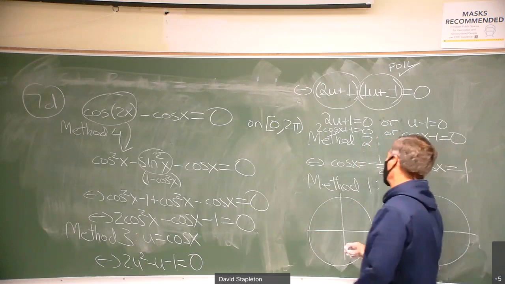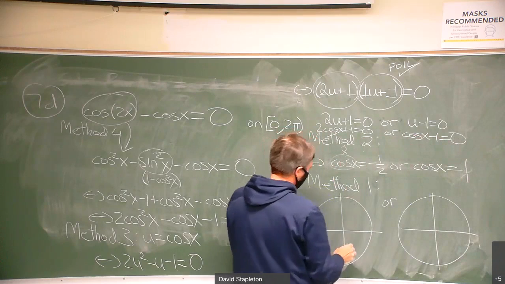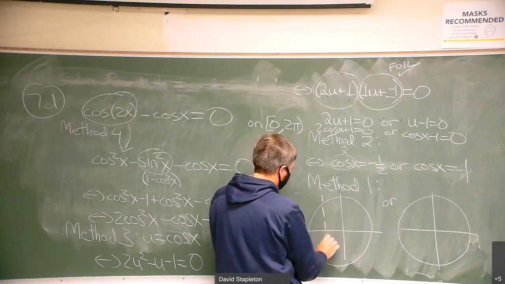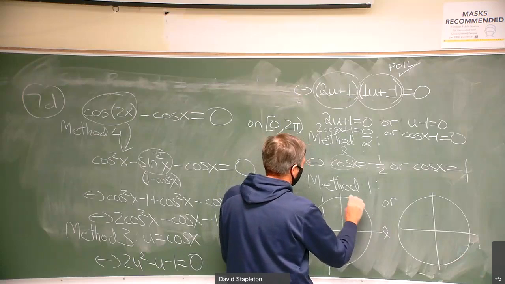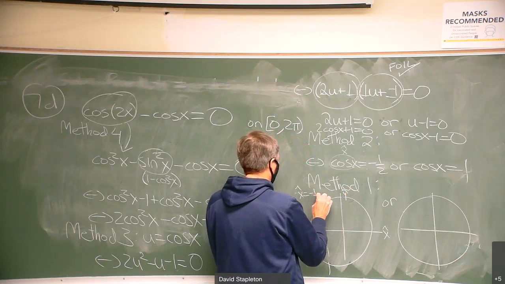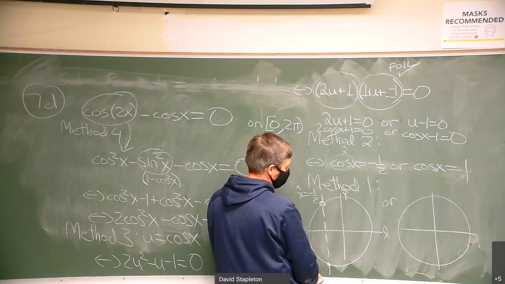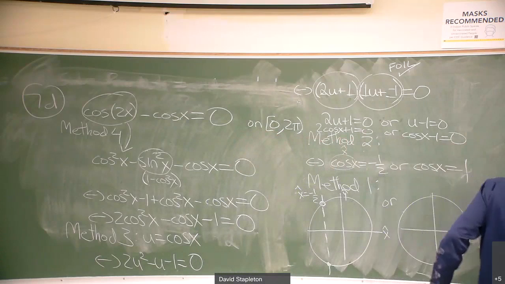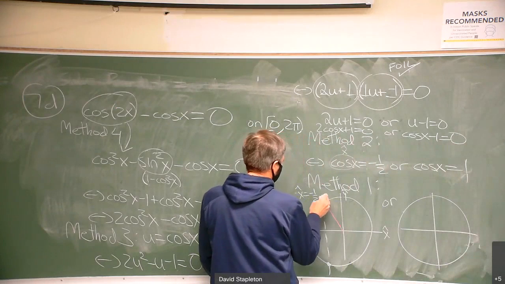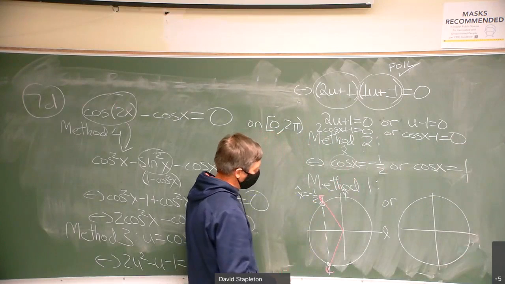Now cosine x is the x coordinate, so I'll call this x hat on the unit circle, equal to minus a half, so it's right here, right? So I want all x coordinates on the unit circle, x hat, y hat, equal to minus a half. There's exactly 2 points on the unit circle that have x coordinate minus a half. So there's only two terminal rays that can make cosine x equal minus a half.